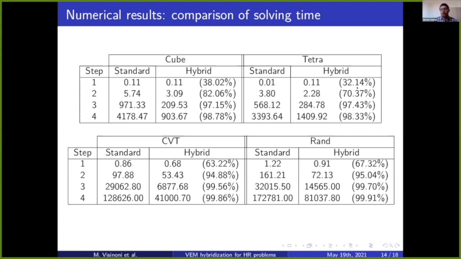When it is less than 50%, for instance on the tetrahedra, the standard is better than the hybrid. So this is the first result.